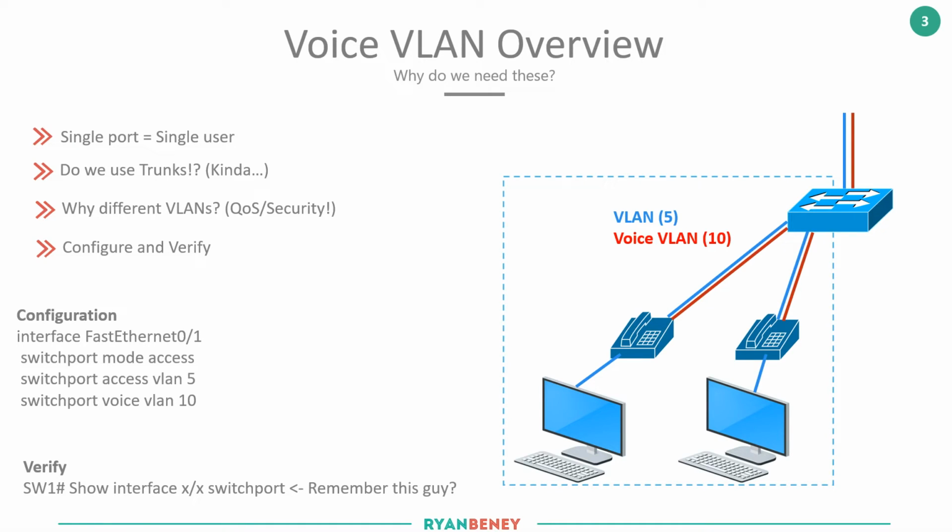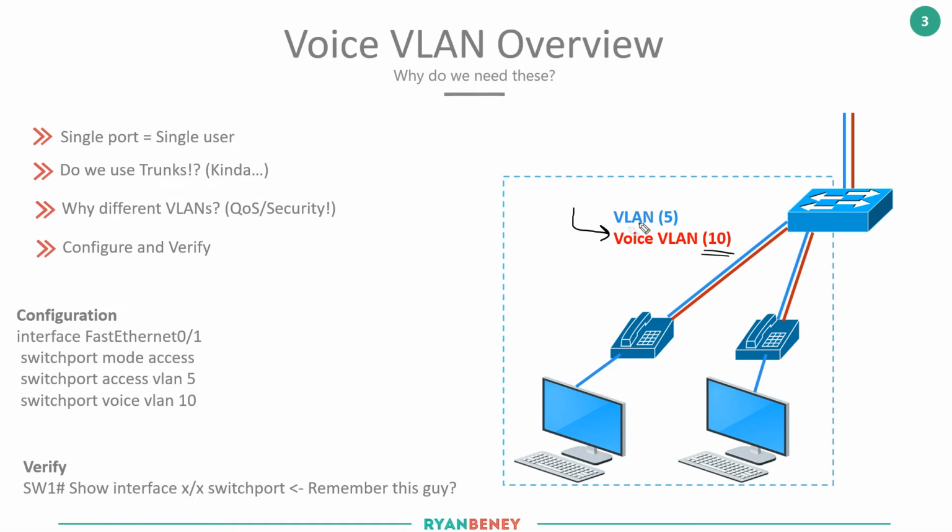So when teaching this topic, I get asked a few simple questions, and I'll just answer them for you. First question is around the voice VLAN itself and the number. The voice VLAN can be any VLAN. It uses the same VLAN database as your data VLANs, so that's pretty straightforward.